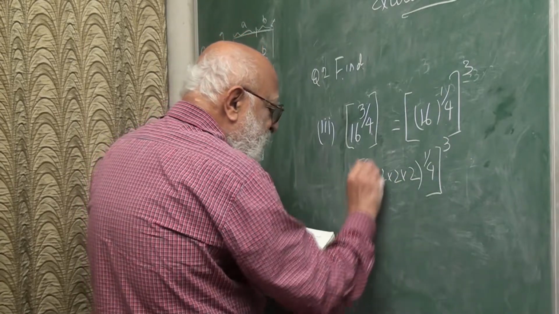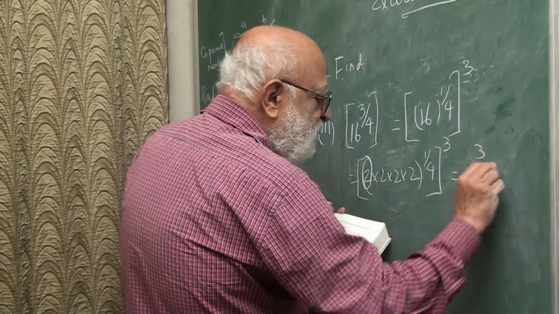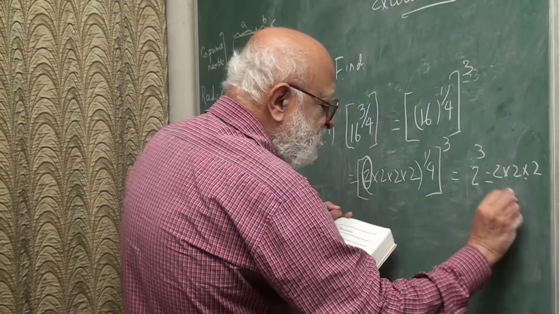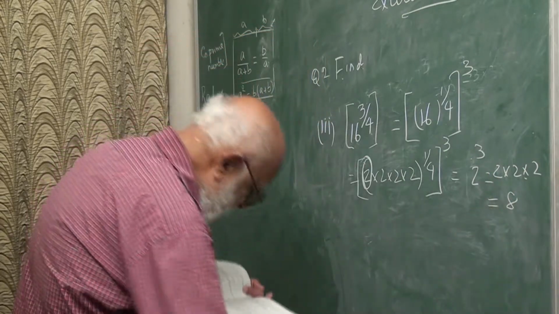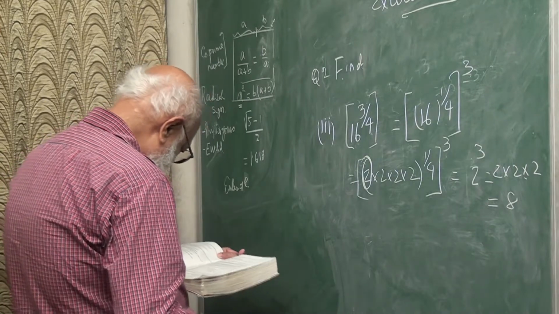So we take only one of the twos, 2 to the power 3. So 2 into 2 into 2, 4 into 2 is 8. Done?